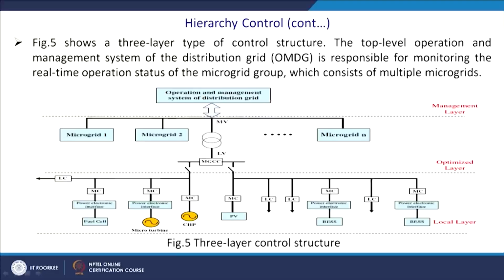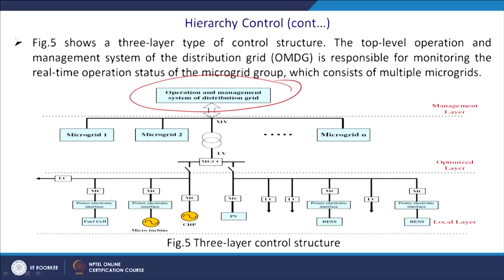Figure 5 shows the same. This is the management layer, operation and the system distribution grid, that works mainly on the predicted data, and accordingly you set the mode. Thereafter, you have a different kind of microgrid.